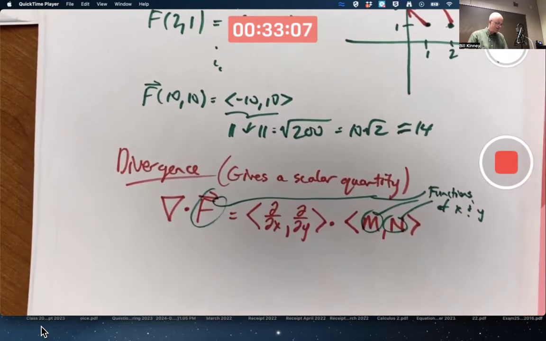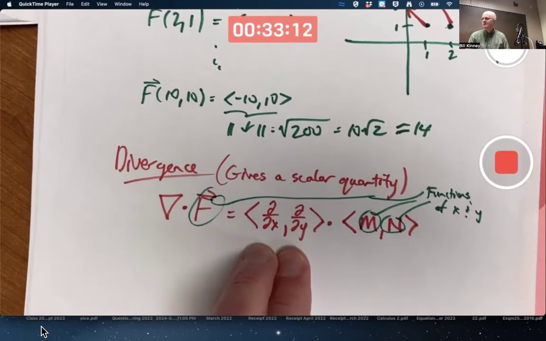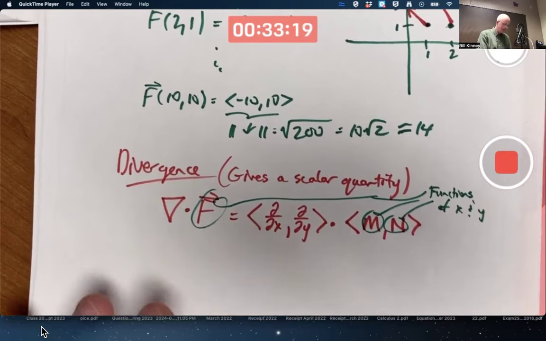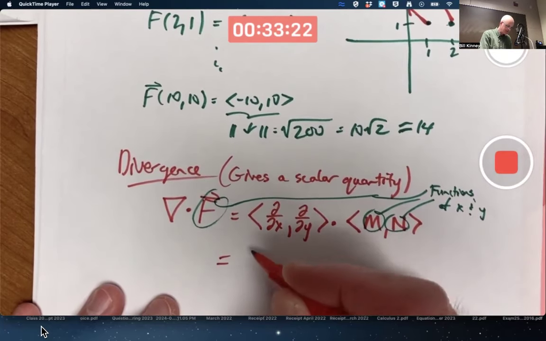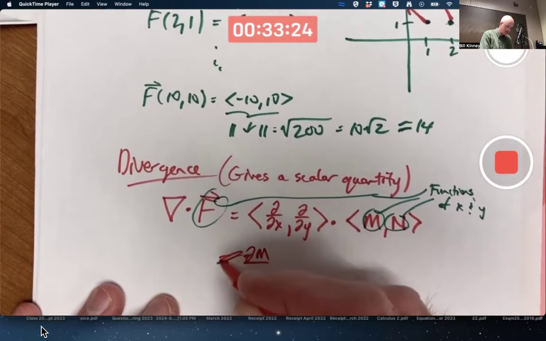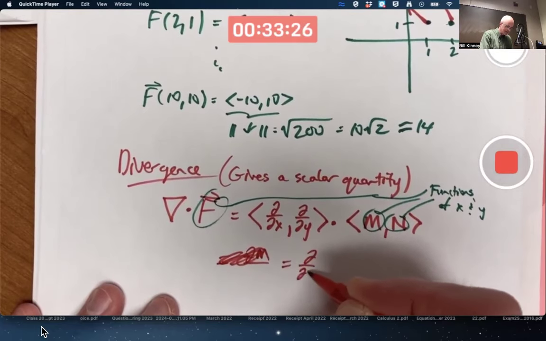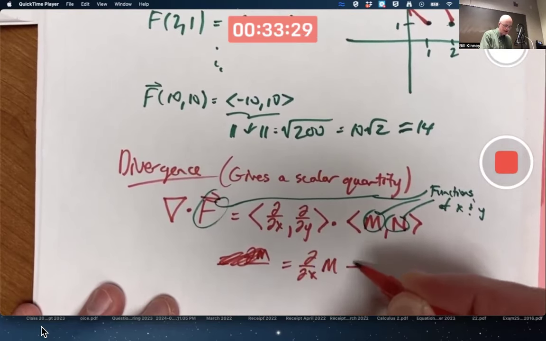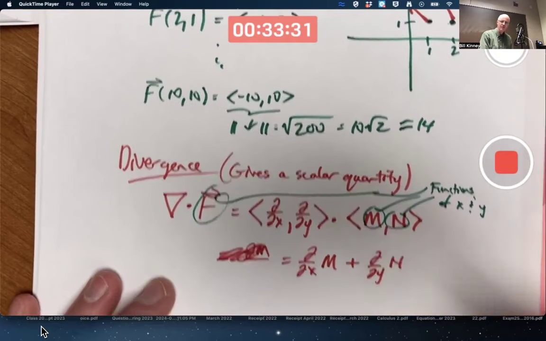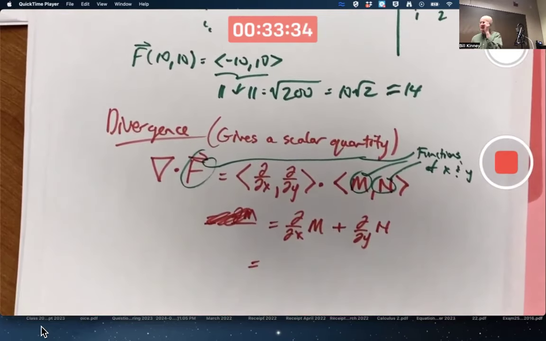How can I put d/dx and d/dy in a vector? Those are not numbers. They're operators. Do the dot product here as if it were a multiplication. Let me initially write it like this: d/dx of M plus d/dy of N. As if it were a multiplication. But it's not really a multiplication of the operators with these functions M and N. These are operators.